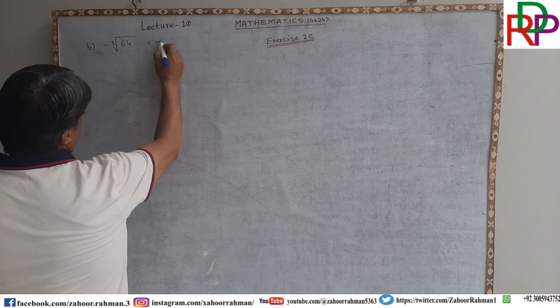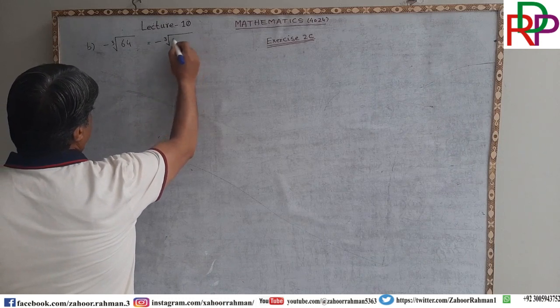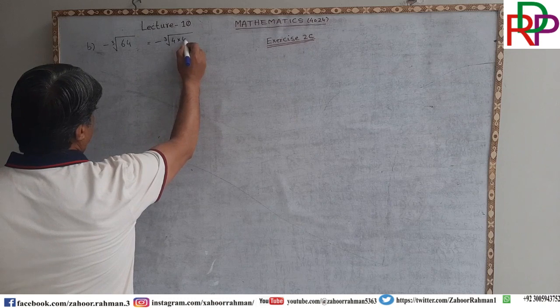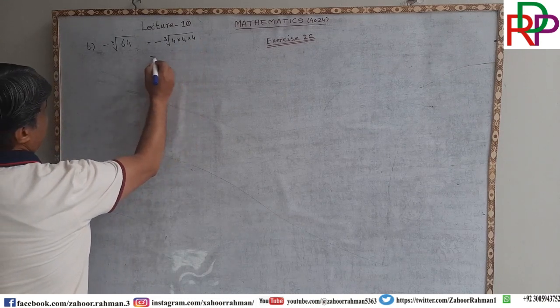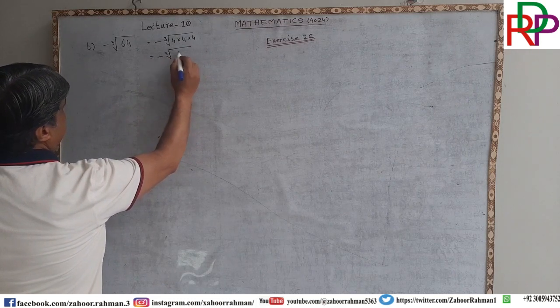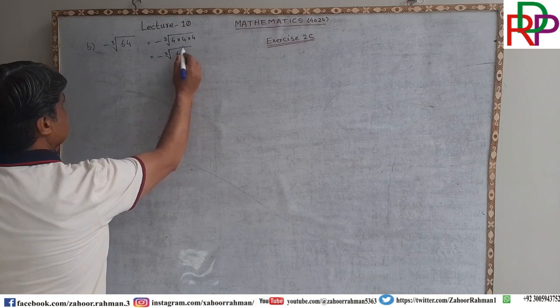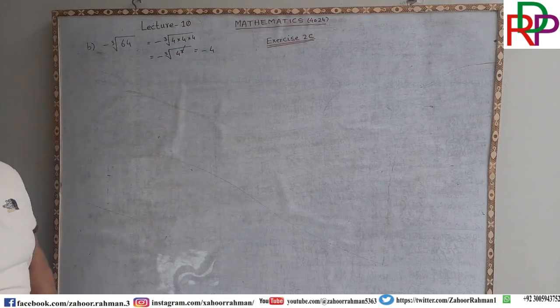So it means minus cubic root of 4 into 4 into 4, which is minus cubic root of 4 cube. This will be cancelled with this, so minus 4 will be the answer.